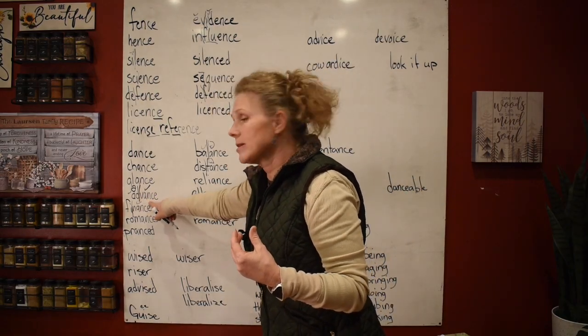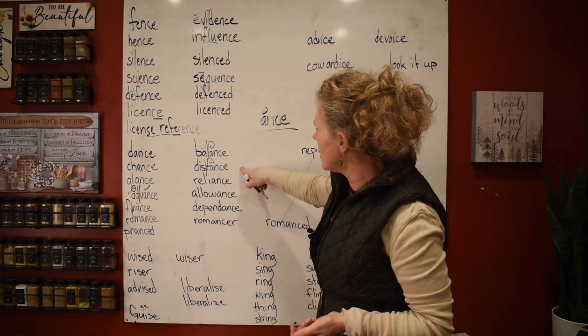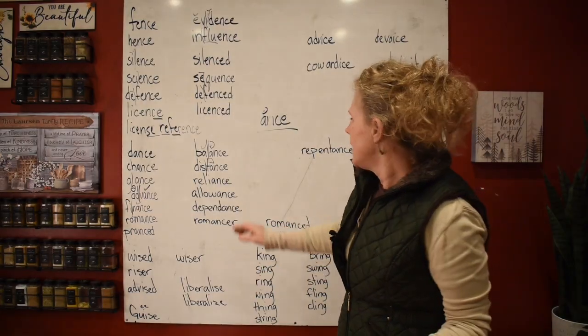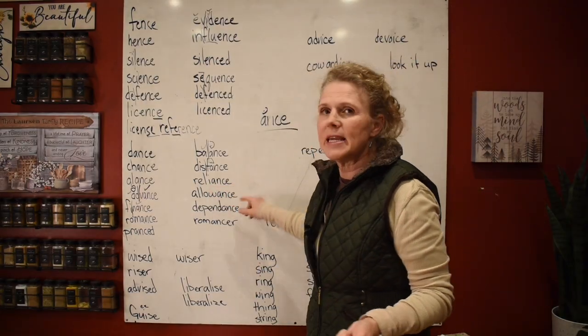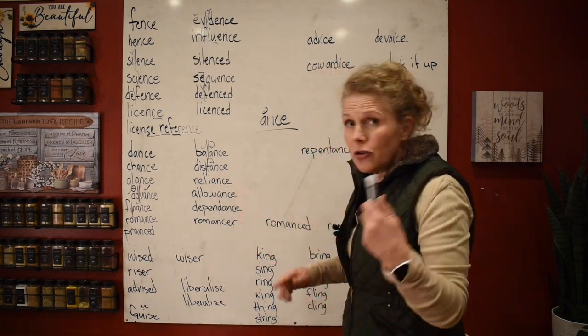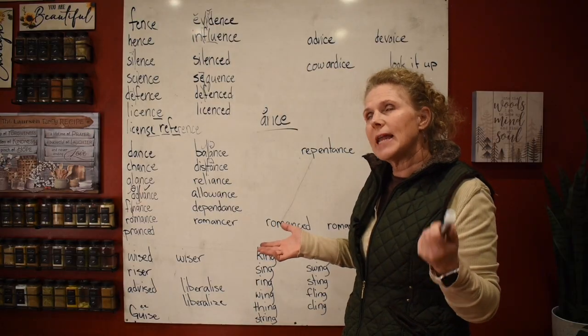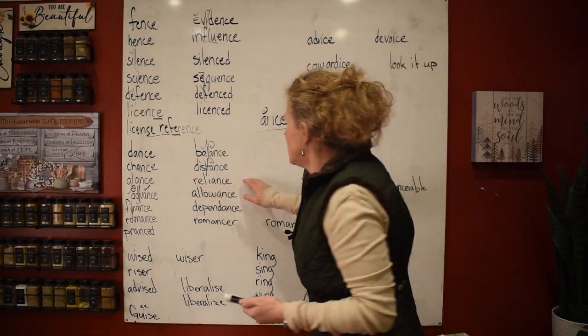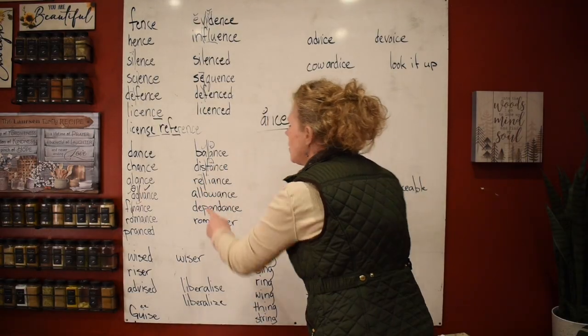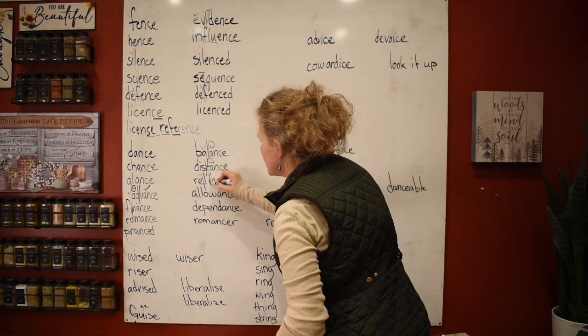See how here it's saying ance and here it's saying ence? But in a three-syllable word or more, if it ends with ance, almost always it's going to say ence. And you don't have to worry about is it ance or is it ence? So it's open, so it's going to be long, reliance.